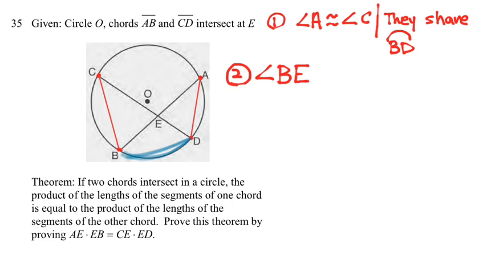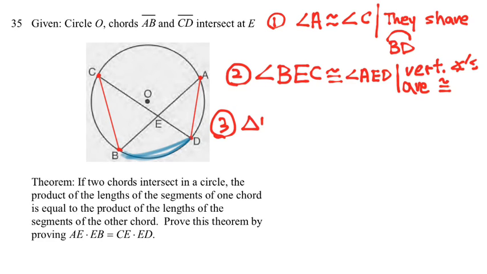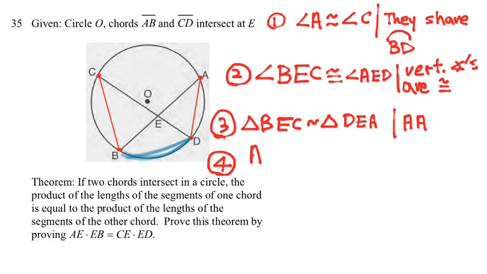Now, how about the second one? Yes, that's right. Angle BEC is congruent to angle DEA, or AED, because they're vertical angles. Vertical angles are congruent when two lines meet, which is the case here. So we now know that those two triangles are similar by AA. Then we can set up a proportion here because the line segments are parts of the similar triangles.